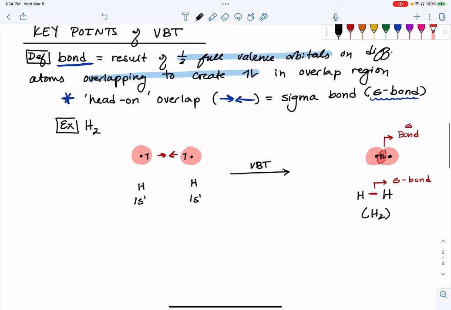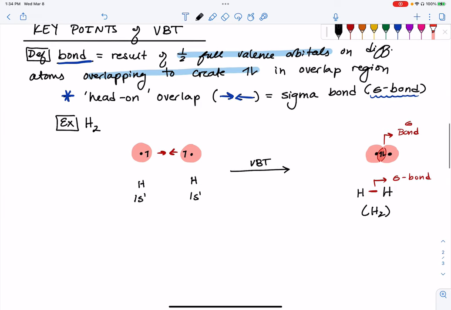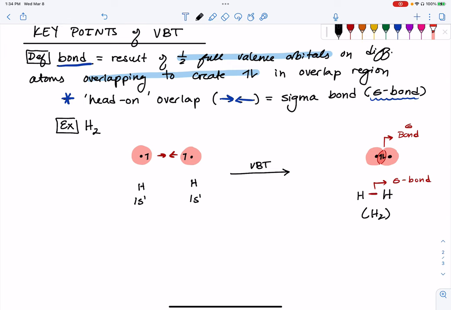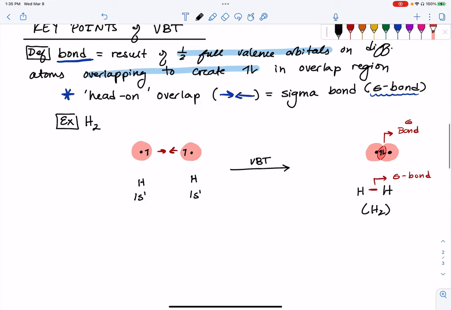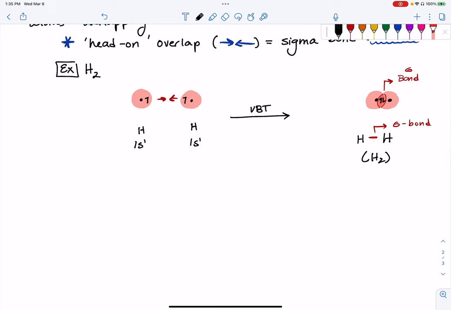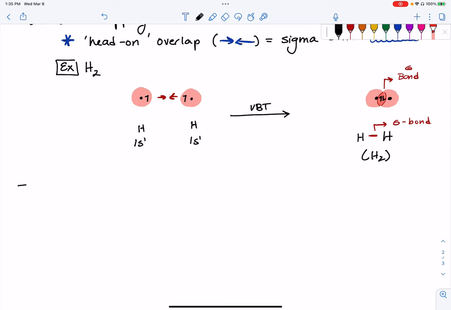Now, that's not the whole story when it comes to valence bond theory, particularly when looking at covalent compounds that involve nonmetals with, well, basically anything that's not hydrogen. So let's talk about another key aspect of valence bond theory.